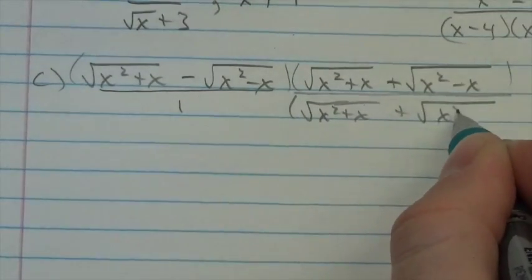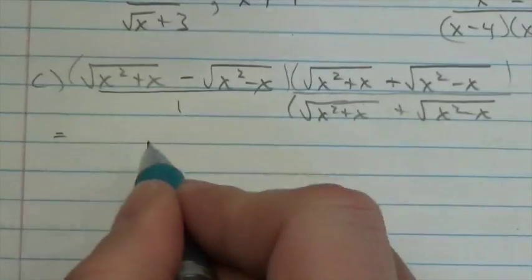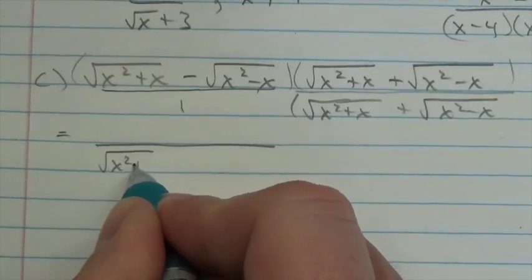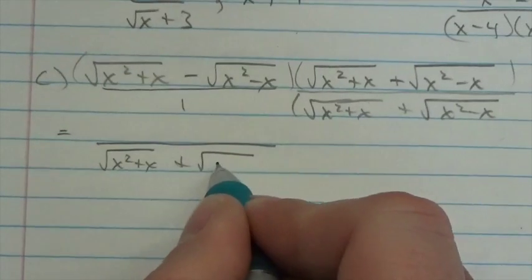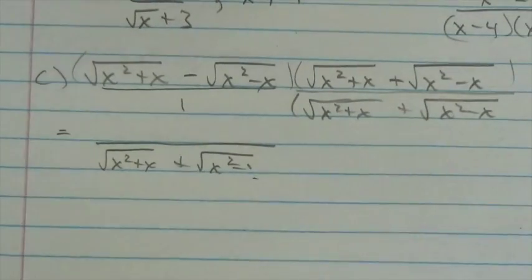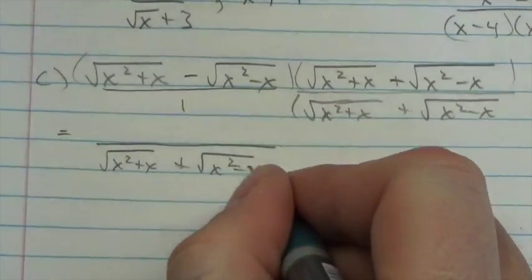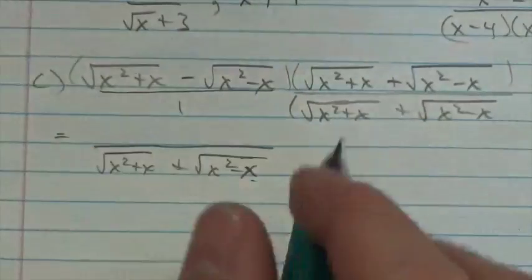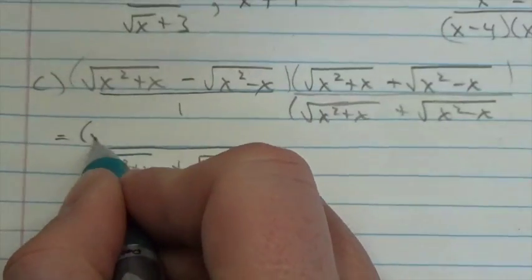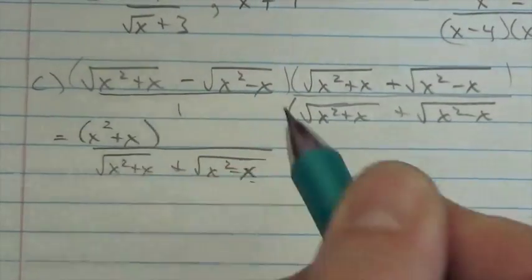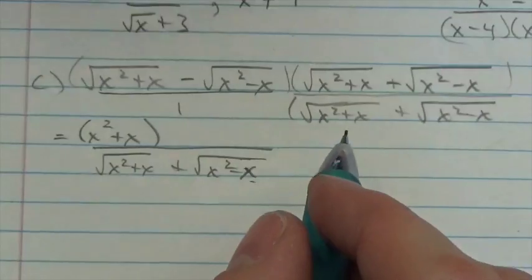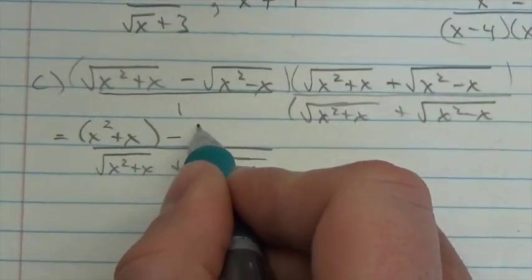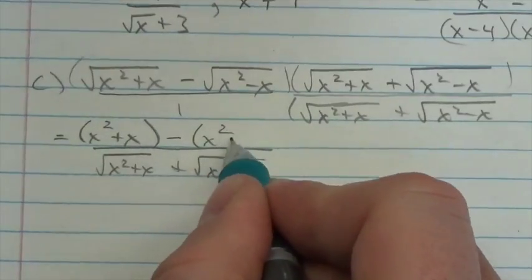and denominator. So now down in the denominator, it's just going to be the square root of x squared plus x plus the square root of x squared minus x. But in the numerator, I'm going to apply that pattern, the difference of squares. So I'm going to get x squared plus x, and I'm putting it in parentheses here, not because it was necessary here, but it will be necessary in the next step because I'm going to subtract x squared minus x.